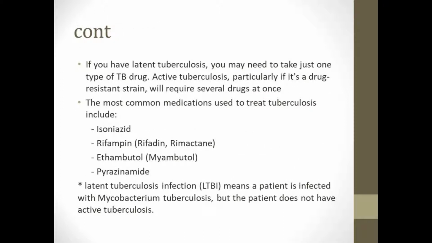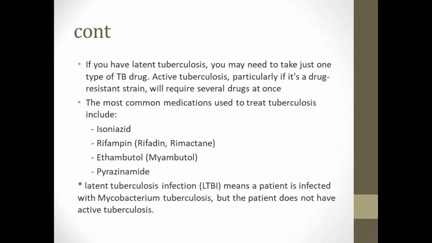If you have latent tuberculosis, you may need to take just one type of drug. Active tuberculosis, particularly if it is a drug resistant strain, will require several drugs at once.